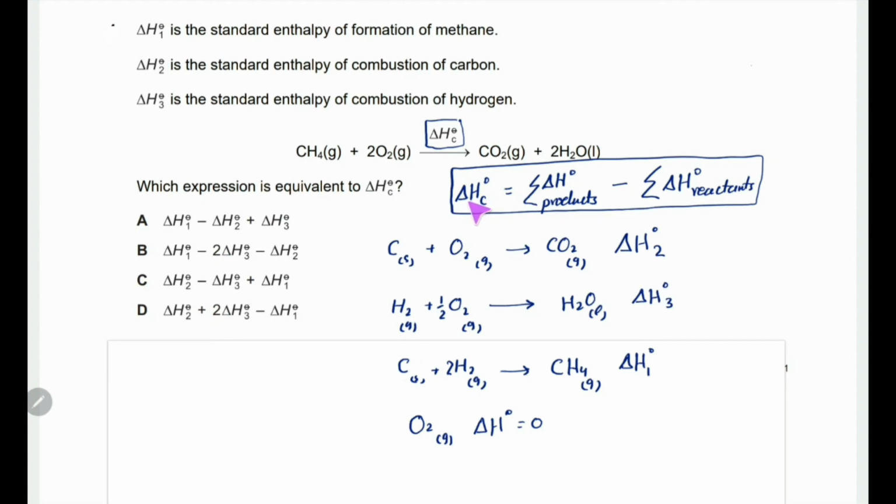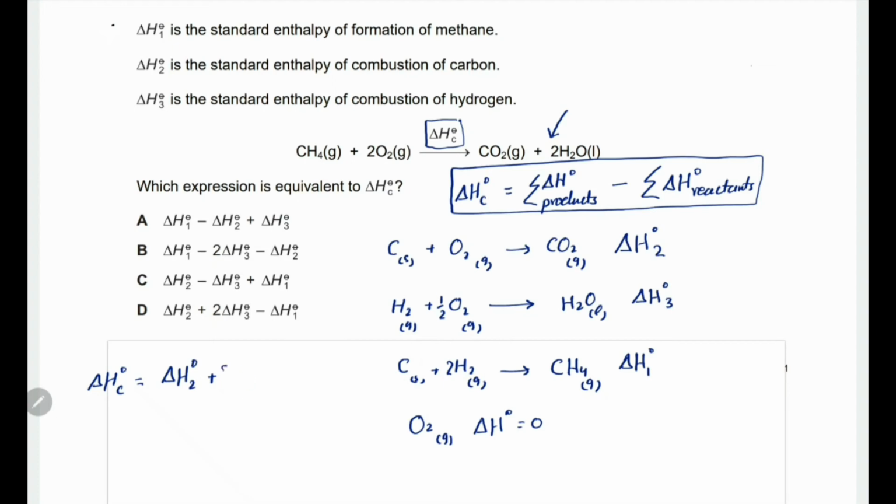So coming towards this equation, delta H naught C, I'm writing here, delta H naught C is equal to the summation of enthalpies of products. The product is carbon dioxide, and it has enthalpy delta H naught 2. This is delta H naught 2 plus the enthalpy of water, and water has the enthalpy delta H naught 3. But remember, there are 2 moles of water.